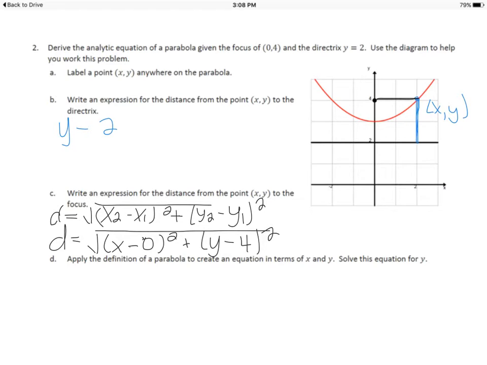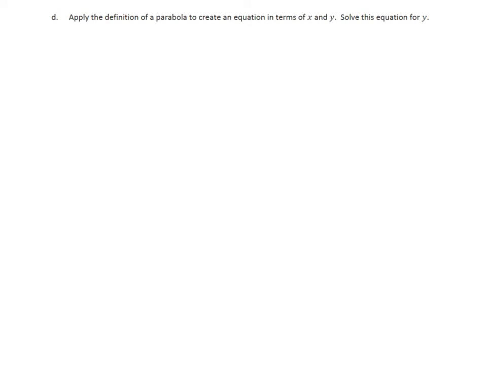So now let's take a look at part D. Let's use the definition of a parabola to write an equation in terms of x and y so that we can solve for y.